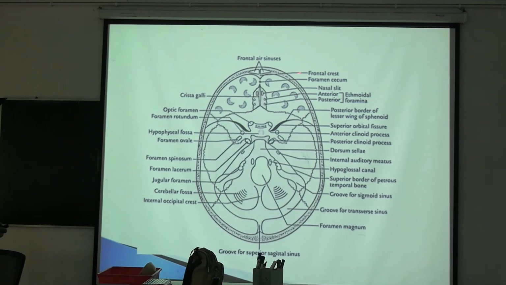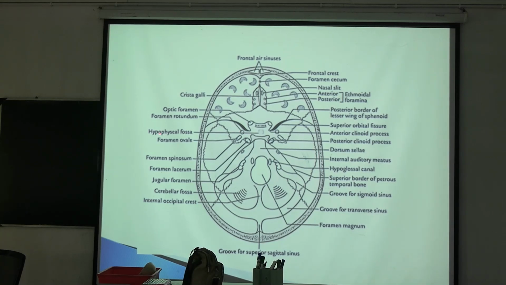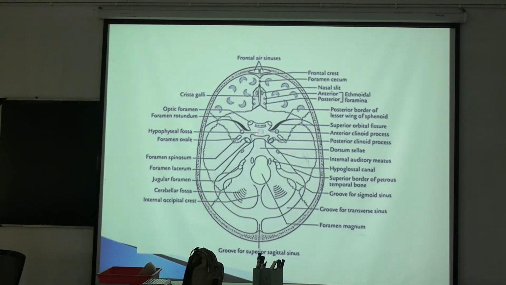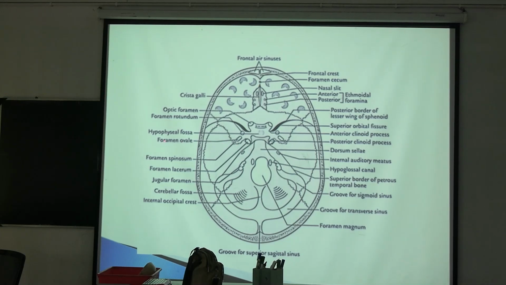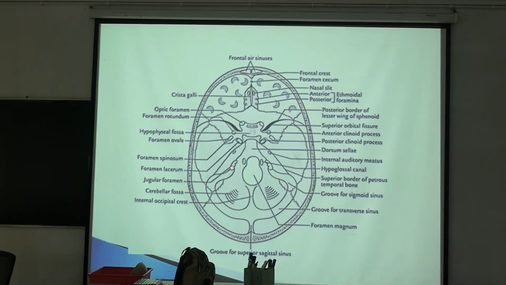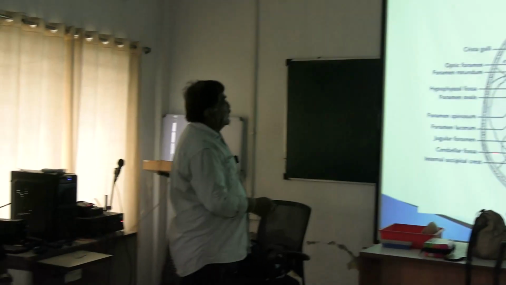Now, frontal crest, foramen cecum, and your optic foramen is here, foramen rotundum is here, hypophyseal fossa, this is the fossa for the hypophysis, and foramen ovale is here, foramen spinosum is here, foramen lacerum is here, jugular foramen is here, and the cerebellar fossa is here.